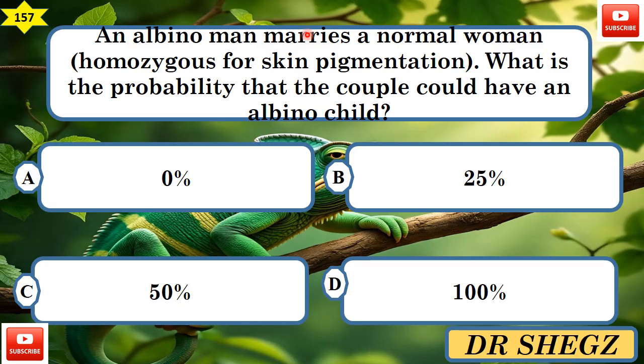An albino man marries a normal woman who is homozygous for skin pigmentation. What is the probability that the couple would have an albino child?